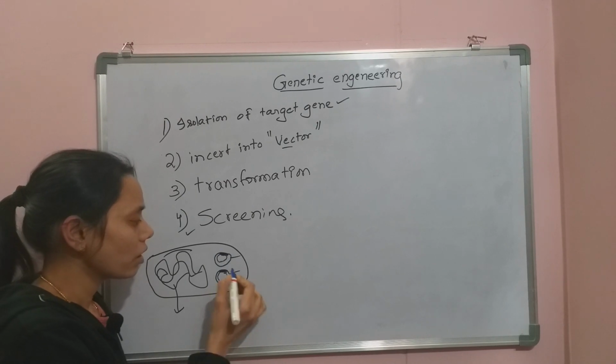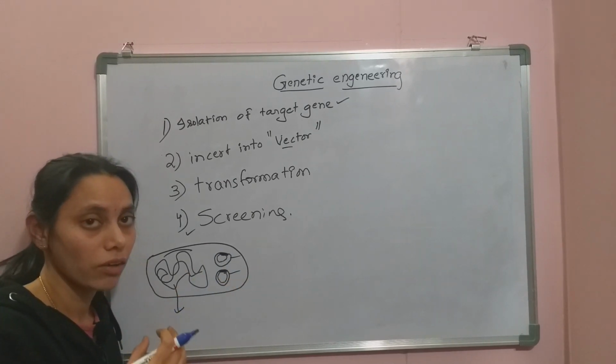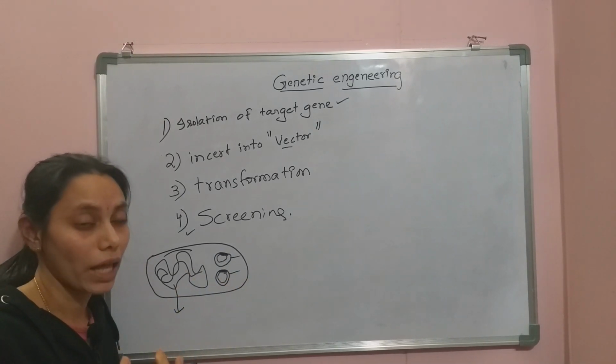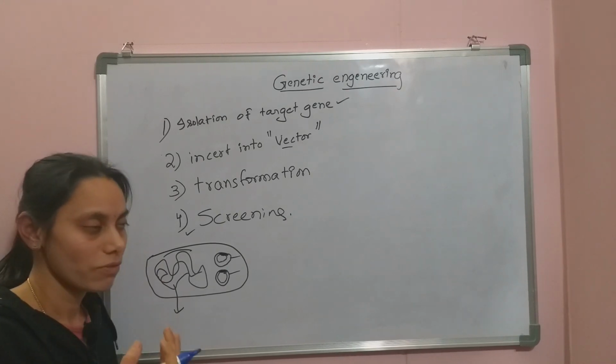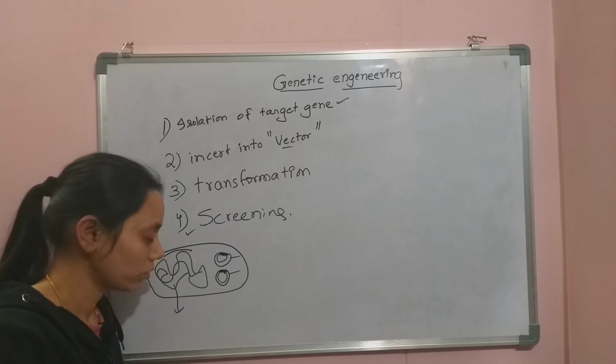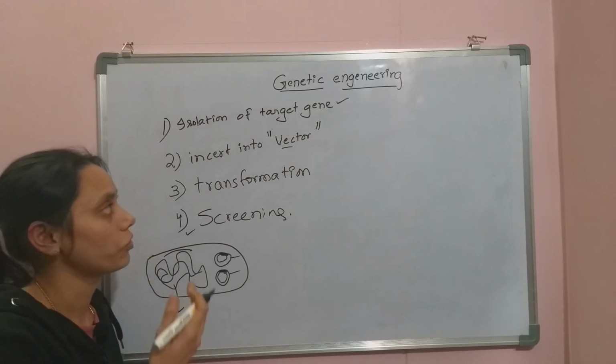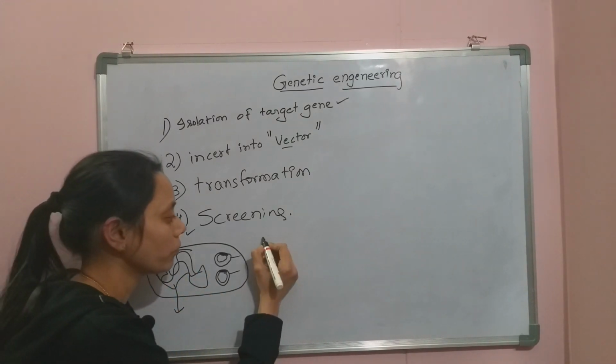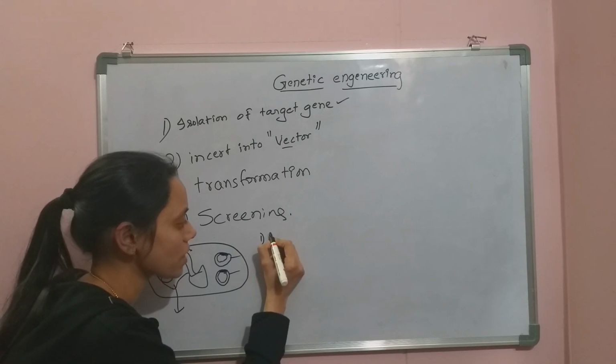So here this plasmid or vector needs to have different qualities to act as a vector. That means the major characters of a vector need to be self-replicating.